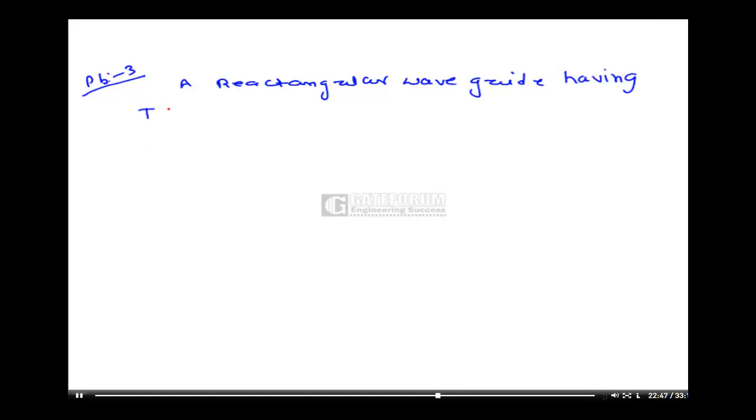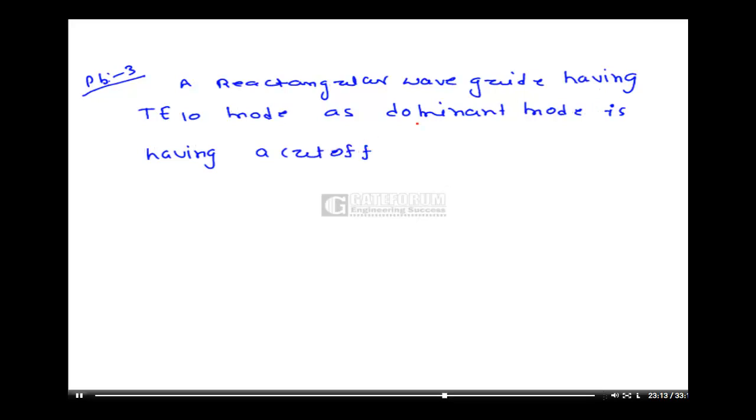Next problem, problem number 3. A rectangular waveguide having TE10 mode as dominant mode is having a cutoff frequency of 18 gigahertz for TE30 mode.